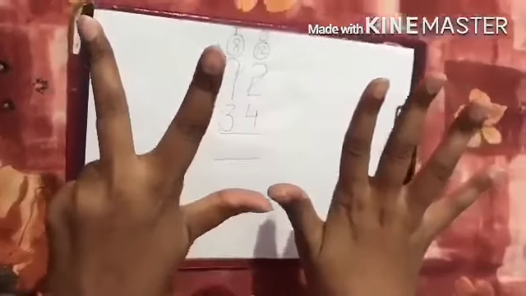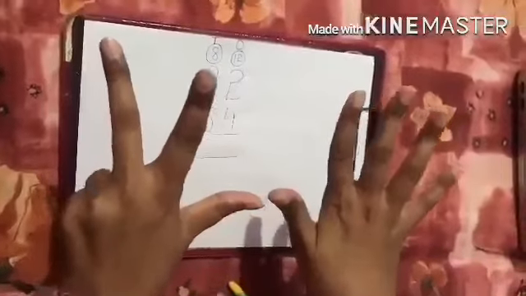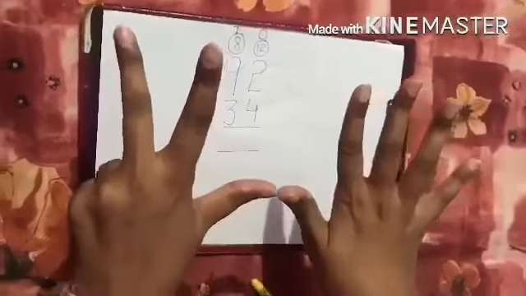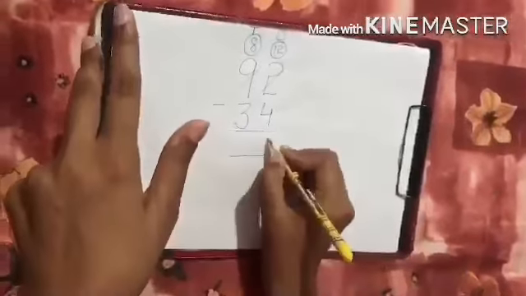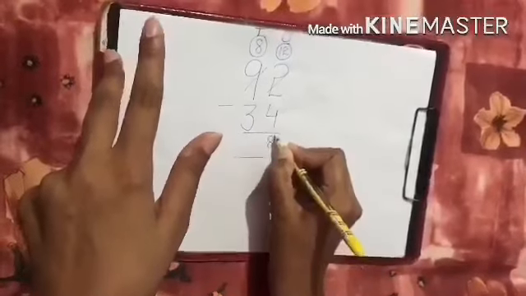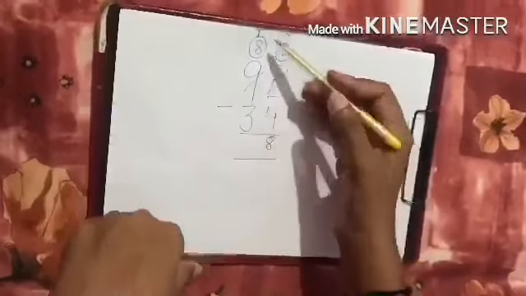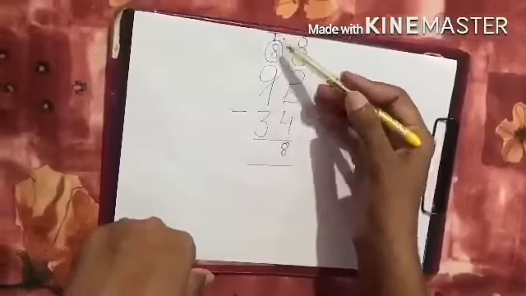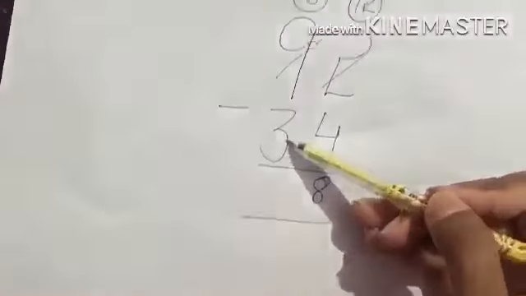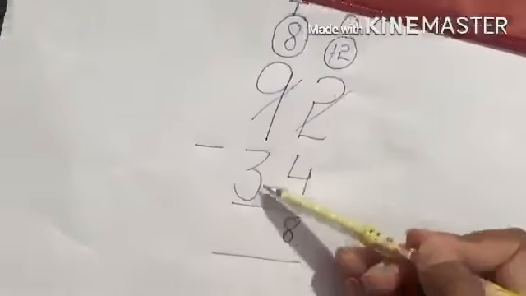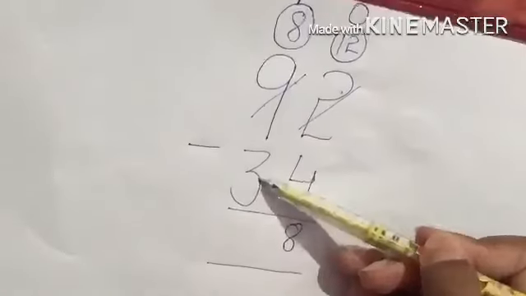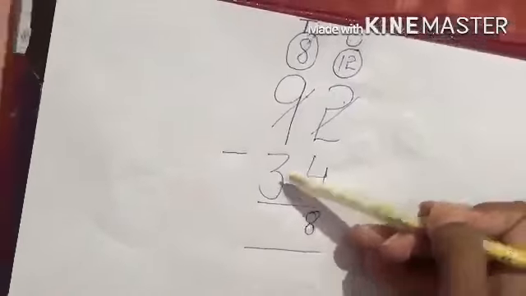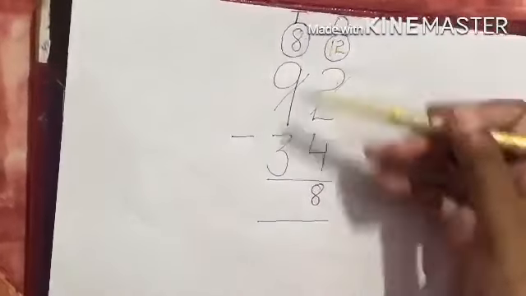How many fingers are here? Yes, 8. So, we will write 8 under the ones column. Now, at the tens place, for subtracting 3 from 8, we will start after 3, means we will start from 4 up to 8.